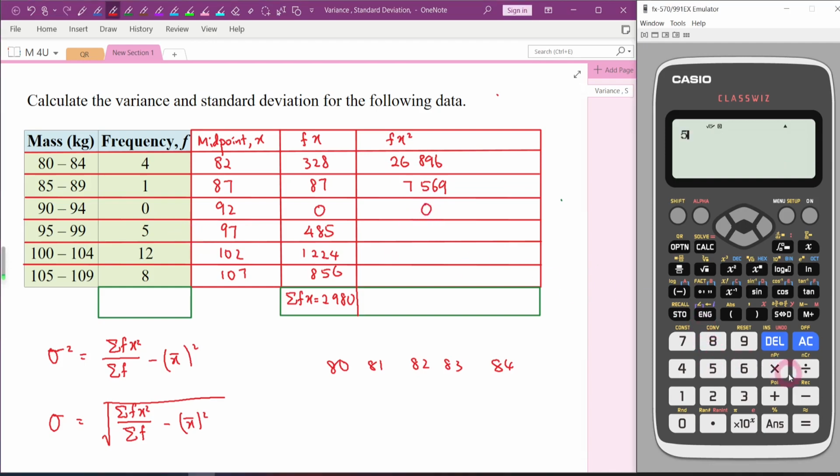And this 5 times 97 squared, 47045. And this one 12 times 102 squared, 124848. Okay, the last one, 8 times 107 squared, 91592. Okay, let me check the answer again.